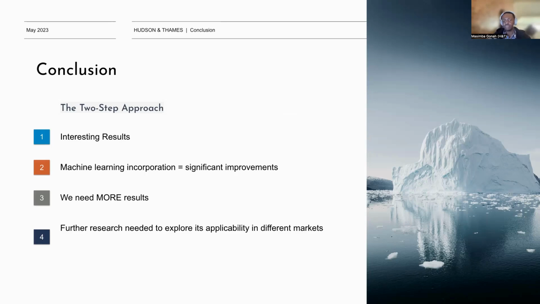And I think my final caveat is that further research is needed to explore its applicability in different markets. And that could have been done if they had given us access to some of the coding work and some of the implementations, maybe on a Python notebook, so we can follow along and potentially do our own experiment.